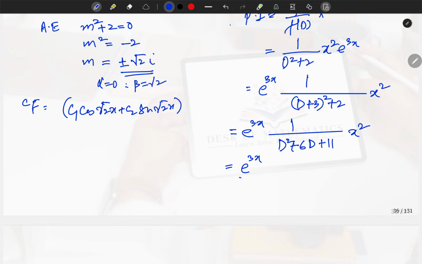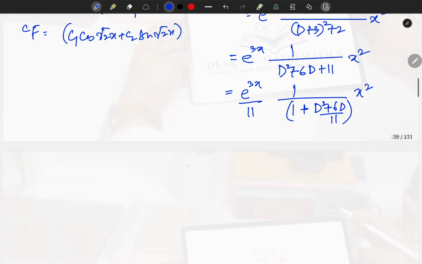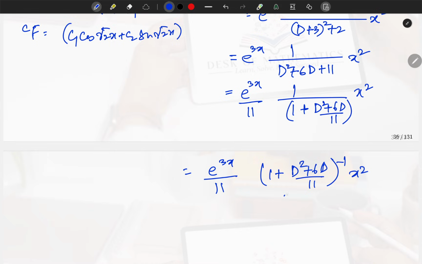So take the 11 out, you will get 1 by 11 times 1 plus (D square plus 6D) divided by 11, x square. Take it on the numerator, because you have the polynomial, so you have to always use the binomial: 1 plus (D square plus 6D) divided by 11 whole raised power minus 1, x square. Use the binomial theorem and solve this.